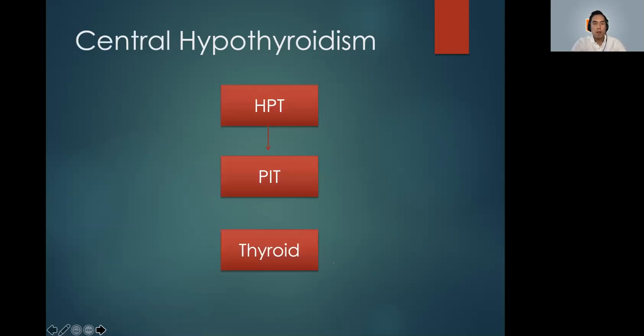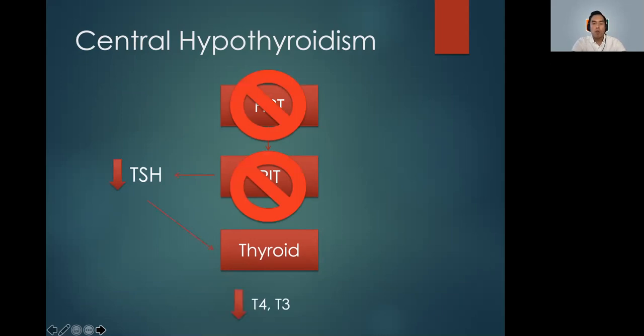For central hypothyroidism, or secondary hypothyroidism, the problem is at either the hypothalamus or the pituitary. We are often not able to distinguish whether it is a hypothalamus or pituitary problem, so we often group them together as central hypothyroidism. In this condition, the subnormal TSH level then causes subnormal thyroid hormones.